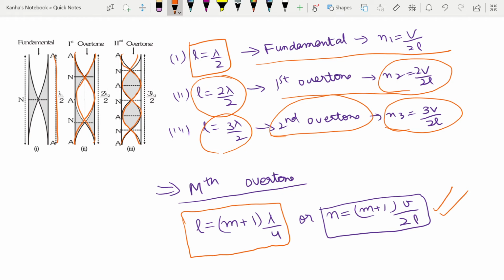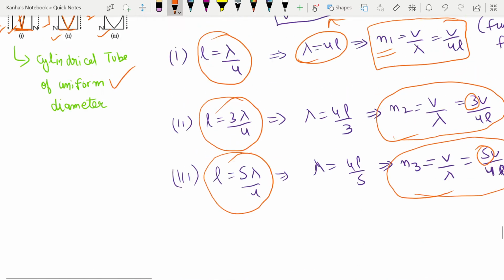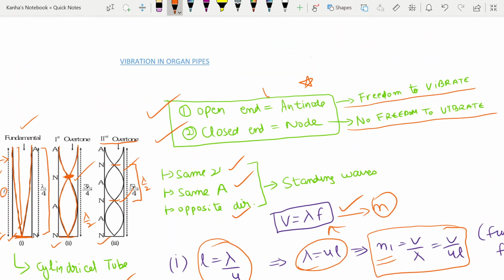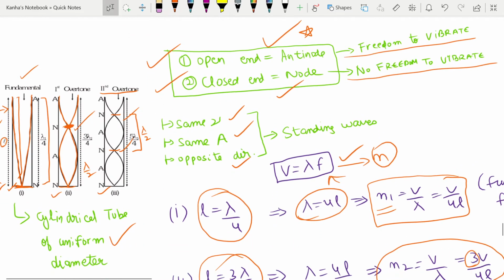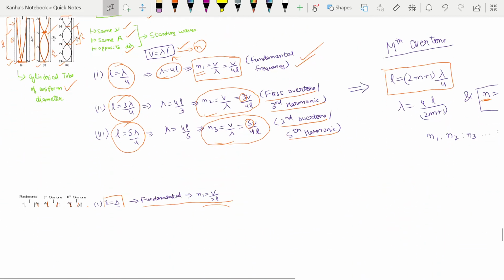I don't suggest you remember these formulas. All you need to remember are the two conditions: an antinode at the open end and a node at the closed end. Start making from the basic level the minimum thing that you can do, and then keep adding nodes to the system.